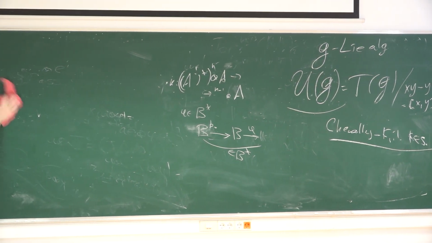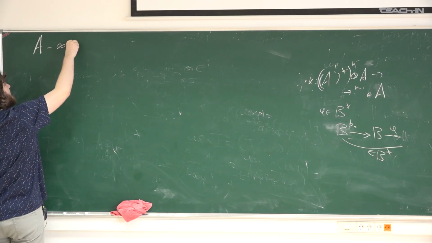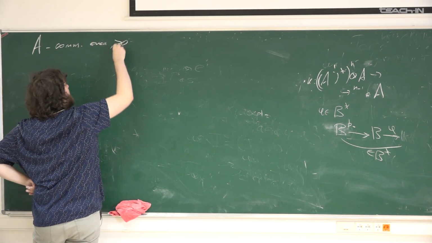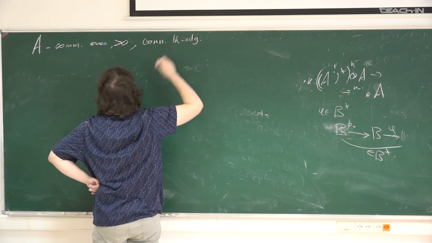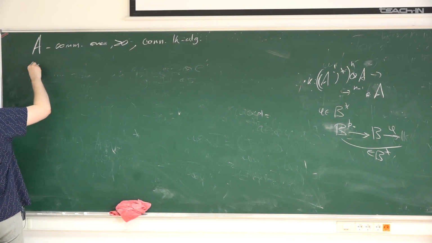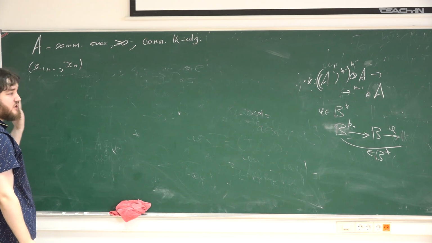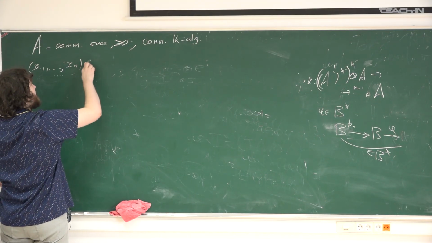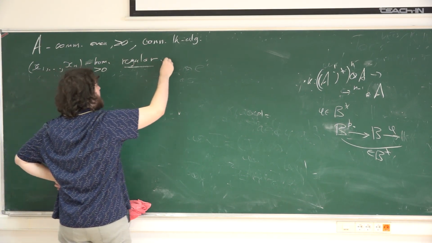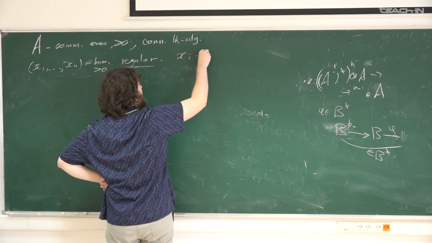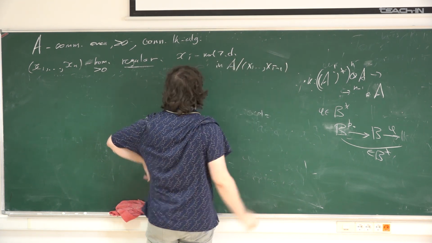I recall that A is a commutative, evenly graded, non-negatively graded, connected k-algebra. Then an ordered sequence x_1, ..., x_n of homogeneous positively graded elements is called regular if x_i is not a zero divisor in the quotient modulo the previous ones, for each i.